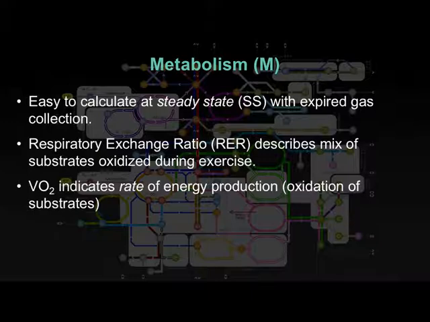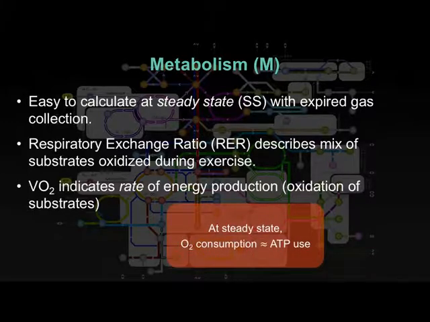Again, this really only pertains to steady state exercise, aerobic type exercise, where oxidative phosphorylation provides the majority of that energy. At steady state, if we can measure O2 consumption, which is easy, we can approximate ATP use or ATP production. We use those interchangeably. They're two different sides of the same coin.